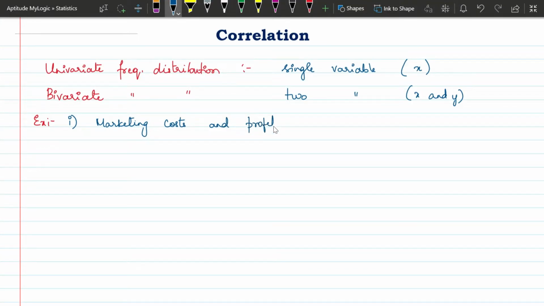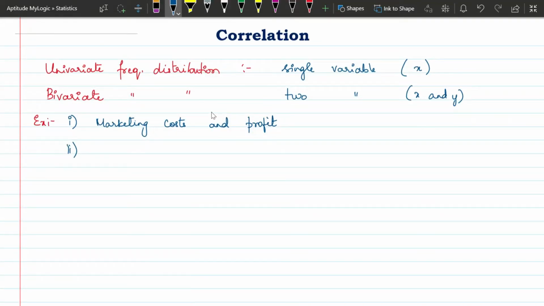If I spend more on marketing, that will enable me to reach more customers or clients, and that will increase the sales, which will in turn increase the profits, right? So marketing cost and profits are related. If I spend more, I can earn more. If I spend less, I'll be getting less profit, right?